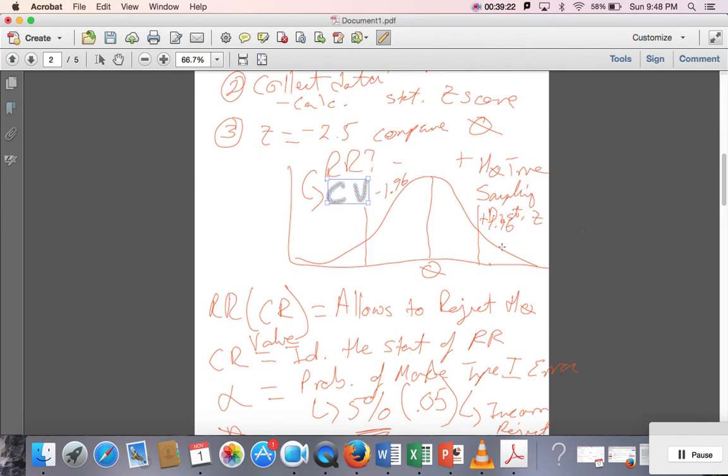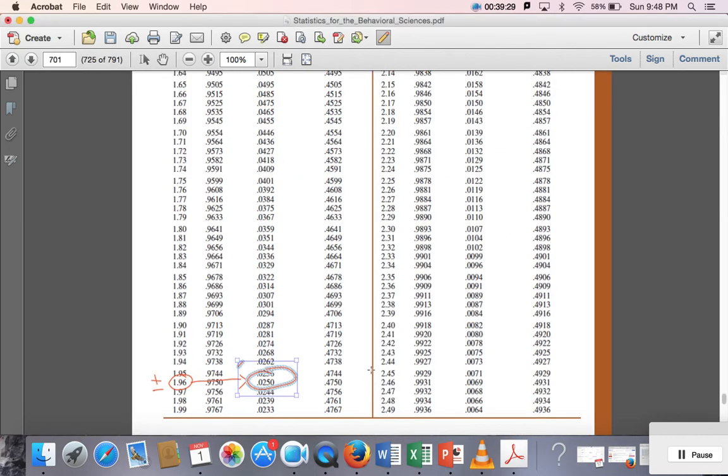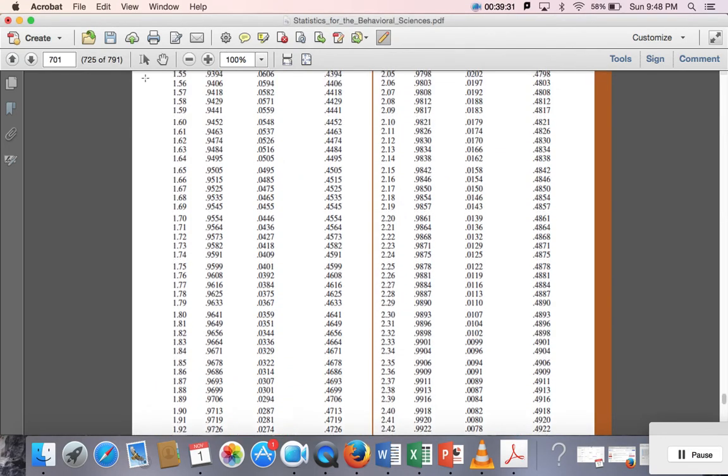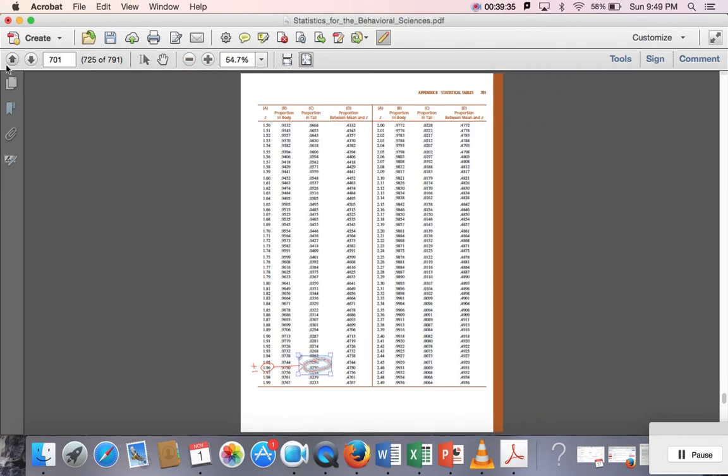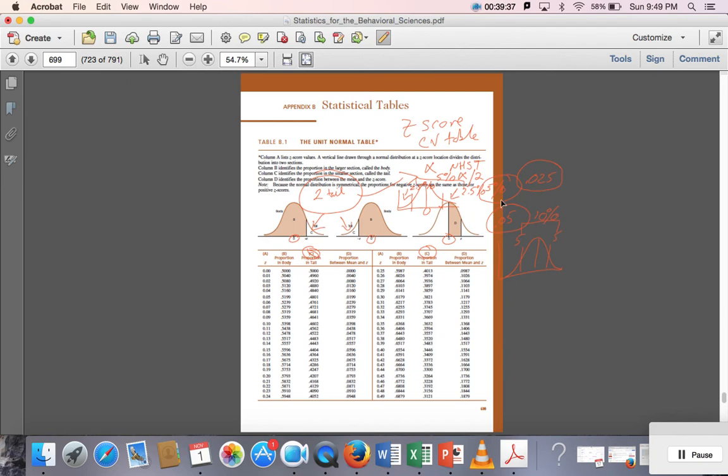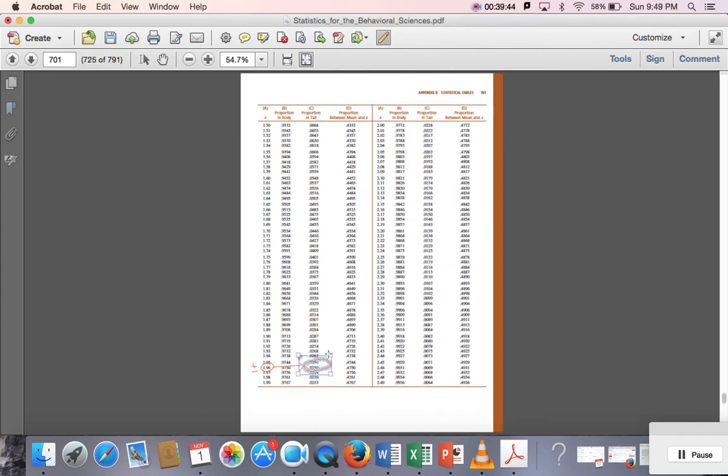So why do I assume that they represent negative and positive 1.96? Because with an alpha level set at a maximum of 5%, I've gone ahead and split that 5%. Let me go back up here. I've split my 5% to 2.5% on each side. So when I wanted to find my alpha level associated with 2.5%, I found the proportion in the tail which corresponds to 2.5%.